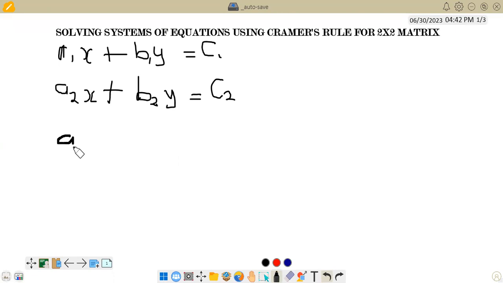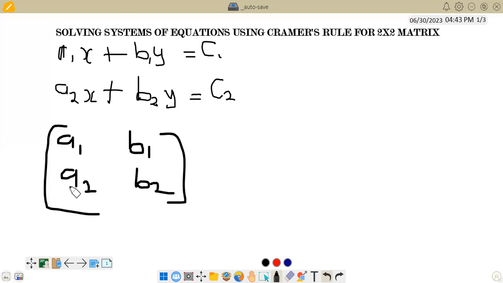So we have a1, then b1, then a2, then b2. So this is the matrix that we have formed from this equation. And from here, we can find the determinant of this matrix.